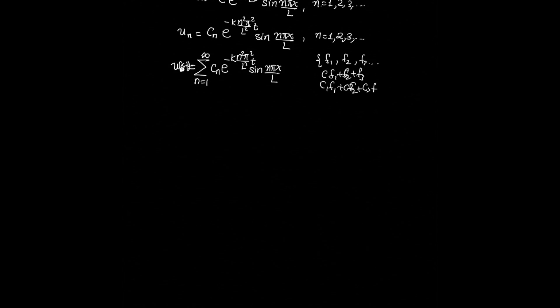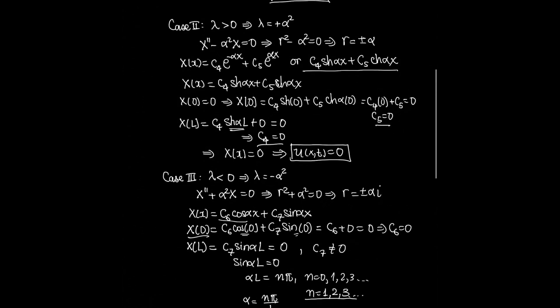Let me just write here u(x, t) equal to the summation n equal to 1 to infinity, c_n e to the minus k n squared pi squared t over L squared, sine of n pi x over L. Okay, now I need to know what this constant is. I need to find the constant. To find it, I need to use the initial condition.